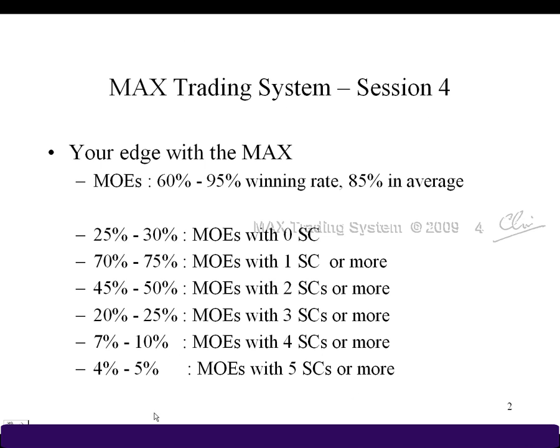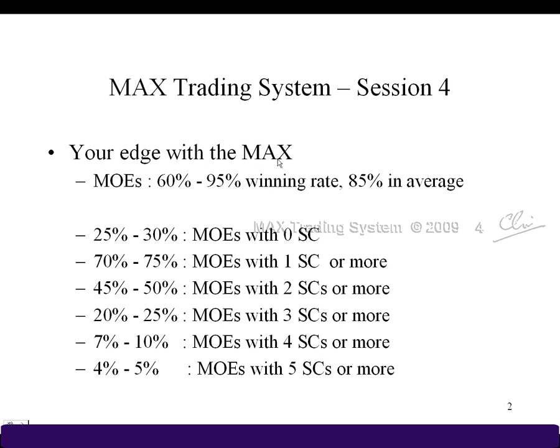This is the kind of knowledge you must have with the MAX. This is the edge the MAX gives you when you do your homework, when you do your due diligence to know how the MAX is working, pair after pair, time frame after time frame, time after time. You can check this at every time.